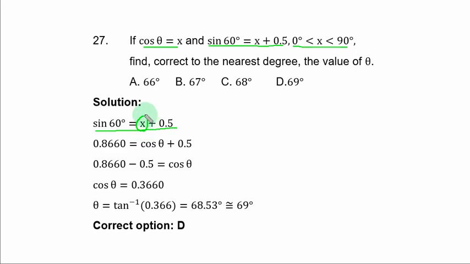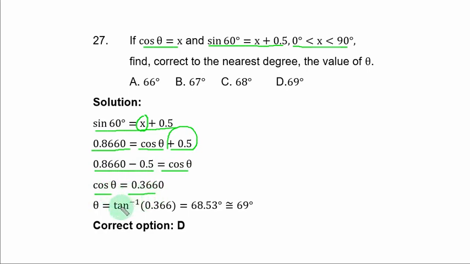So if you check, sine 60 degrees is 0.8660 equal to cos theta plus 0.5. Collect like terms by transferring this. So you have 0.8660 minus 0.5 equal to cos theta. So cos theta is equal to this.